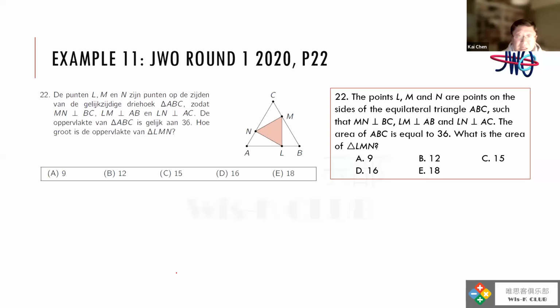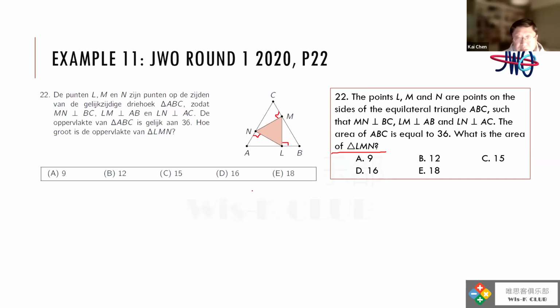And it seems like LMN is also a regular triangle, out of symmetry, because what we learned is LN is perpendicular to AC, MN is perpendicular to BC, and ML is also perpendicular to AB. So 3 right triangles, and the rest is also regular triangles. And it's asking, what is the area of LMN? What is the area of LMN?